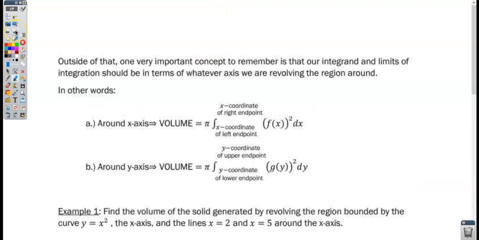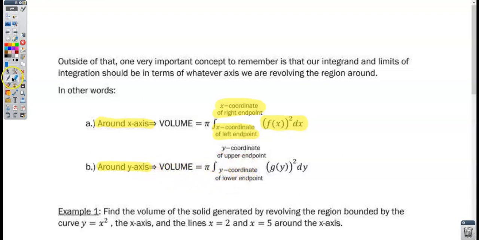All right. Outside of that, important things we need to concern ourselves with: if we're going around the x-axis, everything needs to be in terms of x in our integrand. We're using the x-coordinate of the left endpoint of the region and the x-coordinate of the right endpoint, and our integrand and differential need to be in terms of x. If we're revolving around the y-axis, then everything's going to be in terms of y.